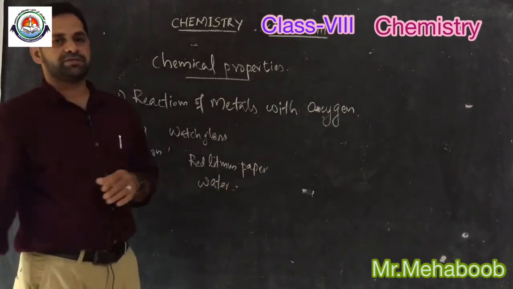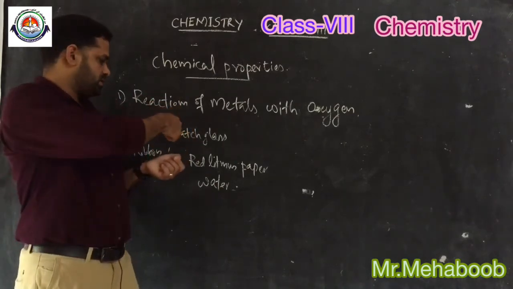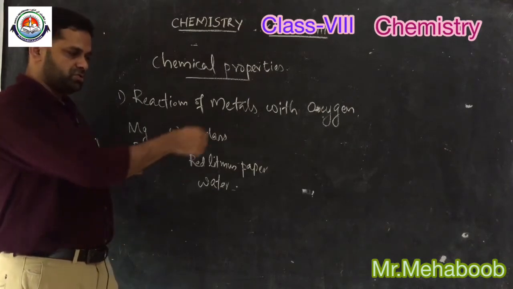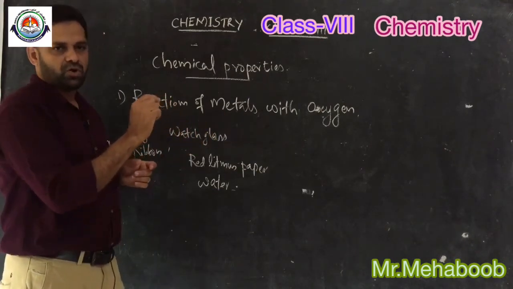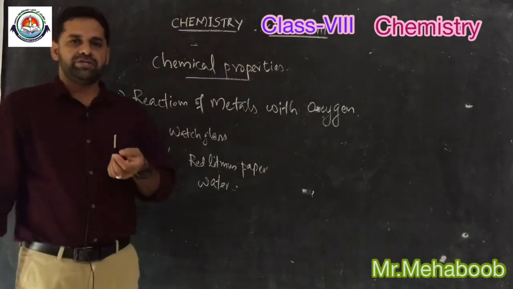We also need forceps or tongs in order to hold the magnesium in the flame. First, we take the magnesium ribbon.